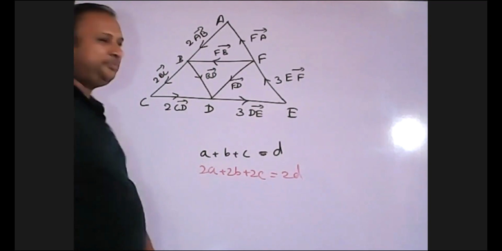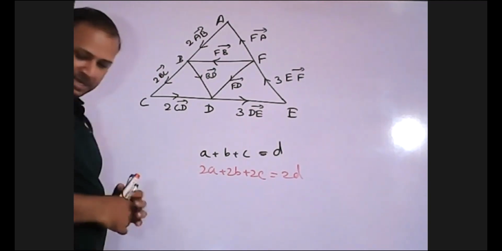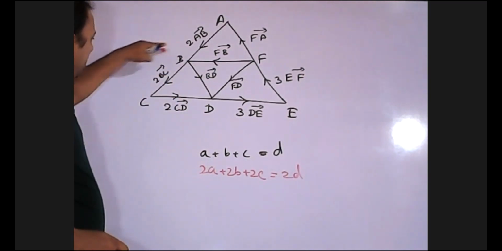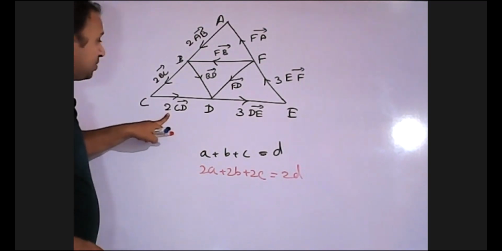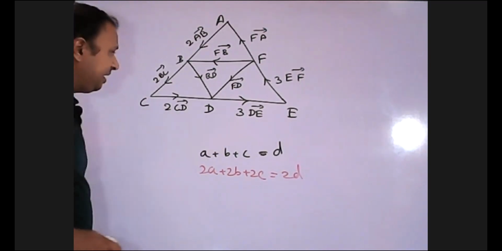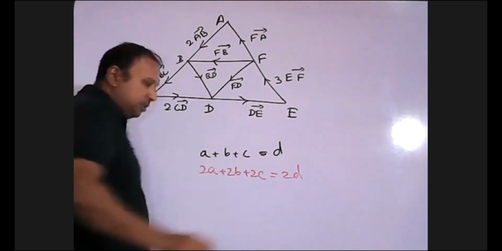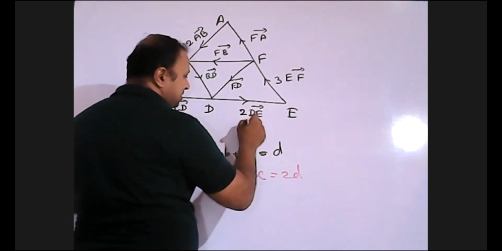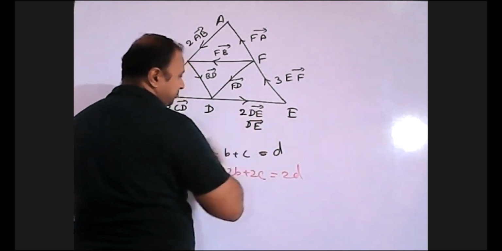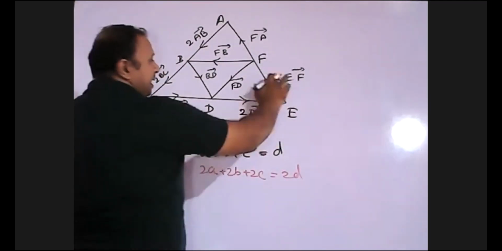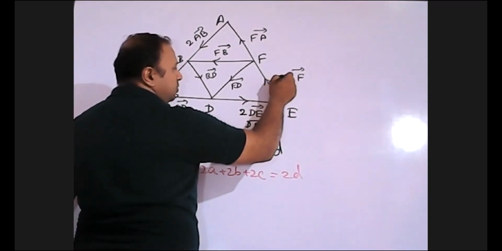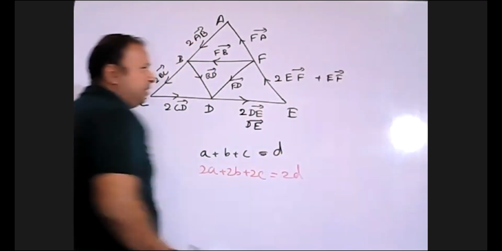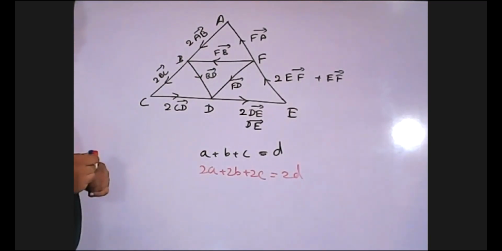Look at this one. 1, 2, 3, 1, 2, 3, 2AB, 2BC, 2CD. So I can write 3DE as 2DE plus DE, and 3EF as 2EF plus EF.